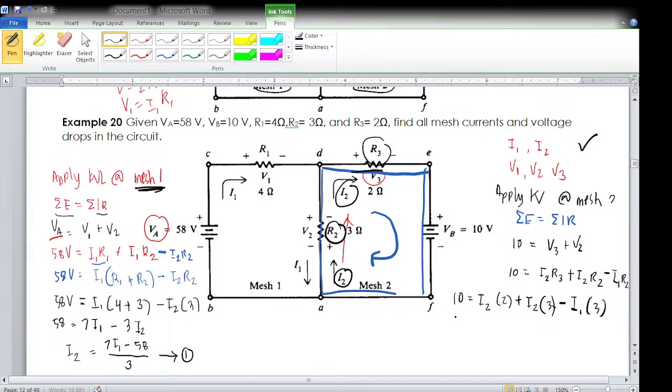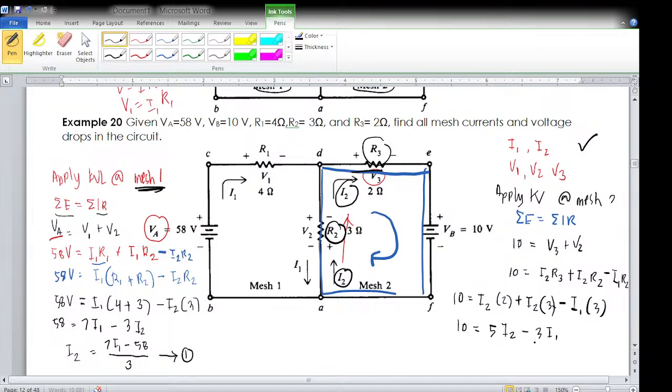Okay, can you see it now? What can we combine here? I sub 2, ma'am. So what will be the result? I sub 2 times 2 plus 3 is 5 I sub 2, minus 3 I sub 1.